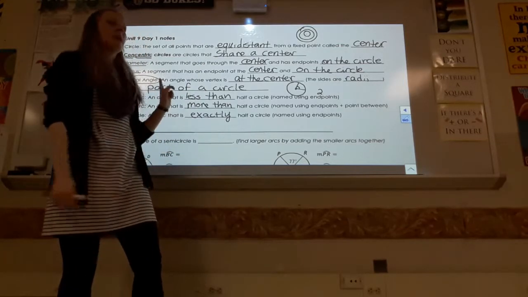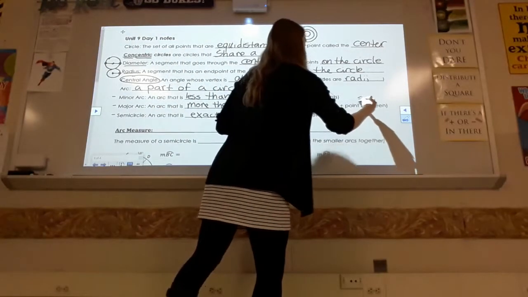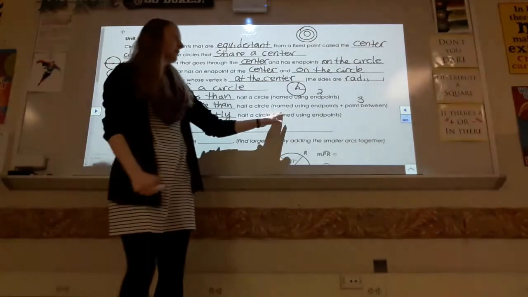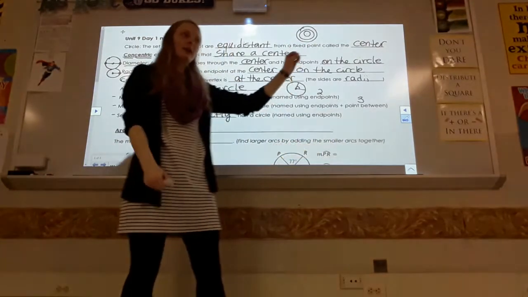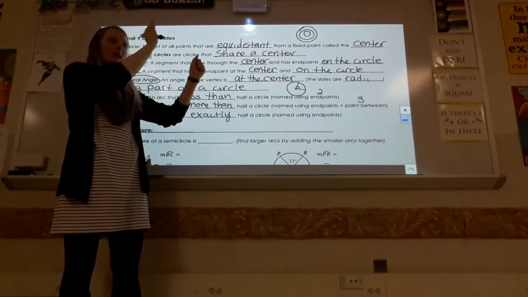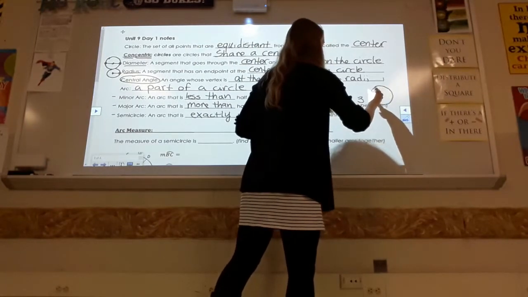If you are going to be naming a major arc, however, you must use 3 letters. In order to name a major arc, you use the endpoints. So if you start at A and you end at B, that's still good. But you also have to have one letter that's in between. So let's say you had an arc like this.